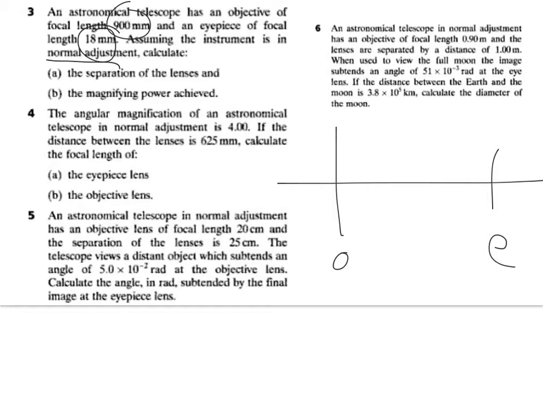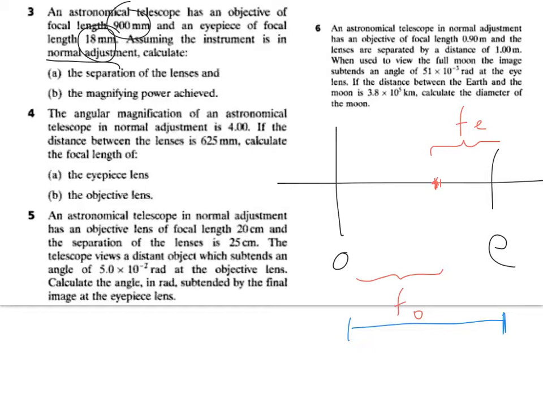Now, for this question, you have to remember that the focal lengths meet. So the focal length of the objective meets at the focal length of the eyepiece. So the total distance would be the addition of both focal lengths.